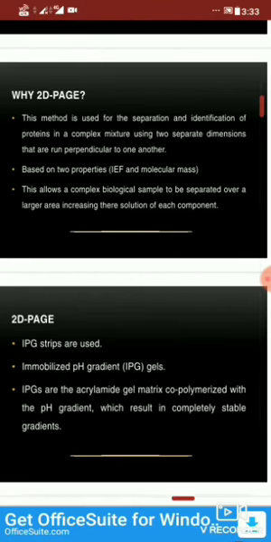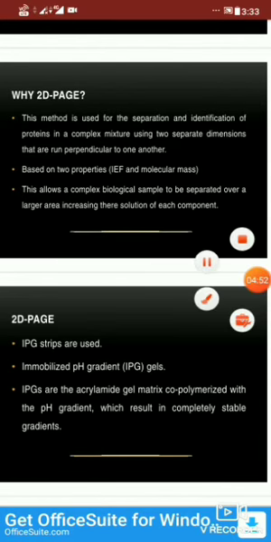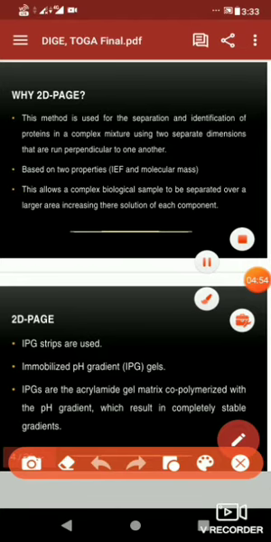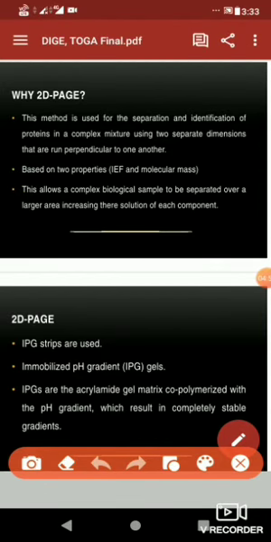Hence, to overcome the problem of separation of proteins in a complex mixture, we use two separate dimensions which are run perpendicular to one another. Please understand, perpendicular to one another. For example, if the first run goes in this direction, the second separation will be in this direction. That is why we say the two separations are done perpendicular to each other, and each one is based on a different property.